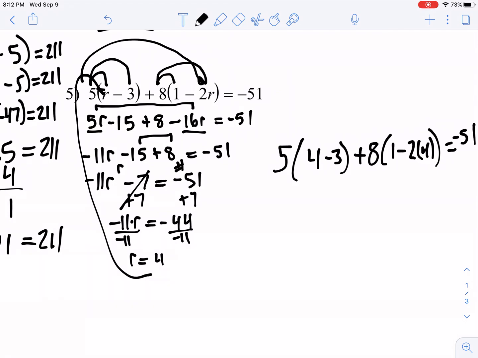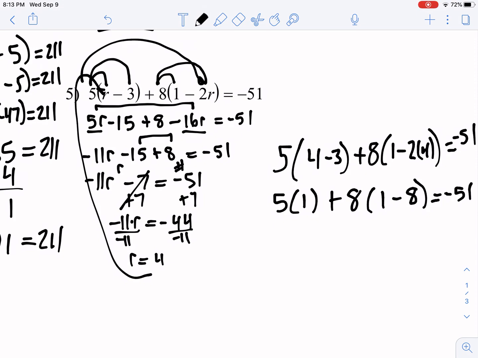Well, applying the order of operations here, let's take care of what's in the parentheses. On the first parentheses, I have 4 minus 3, which is 1, right? Plus 8 times. The second parentheses, I got to follow the order of operations even inside the parentheses. Multiplication first, 2 times 4, we get 8. So I have 1 minus 8.